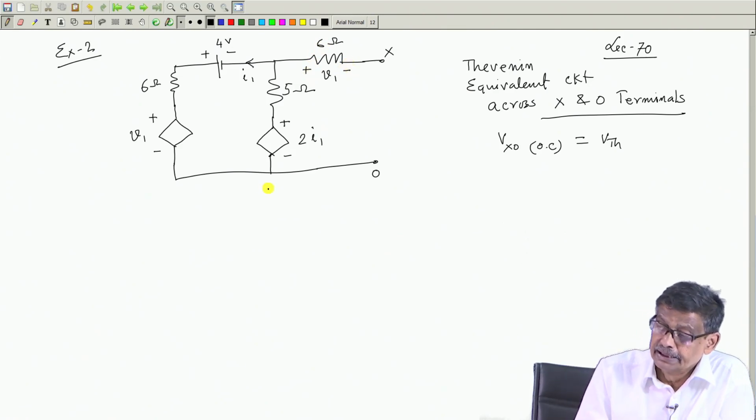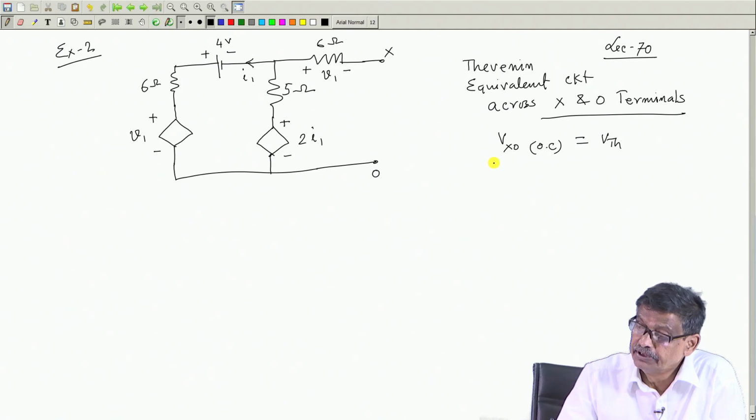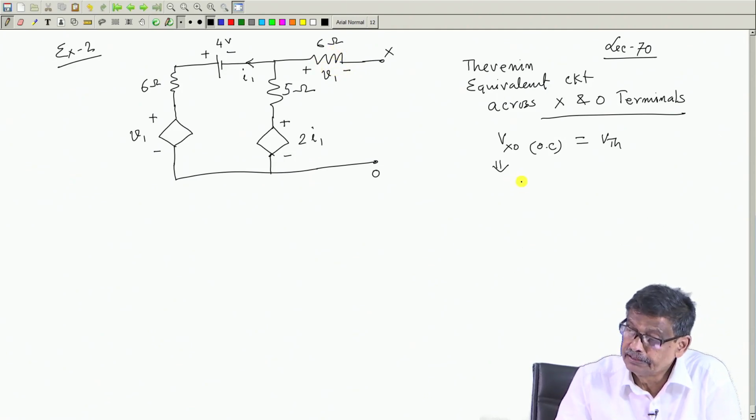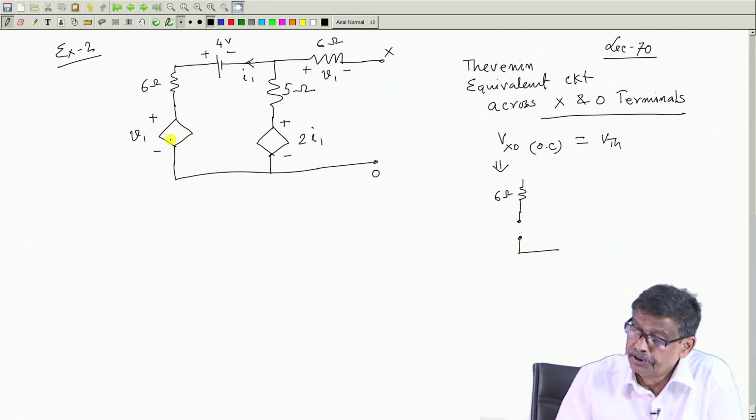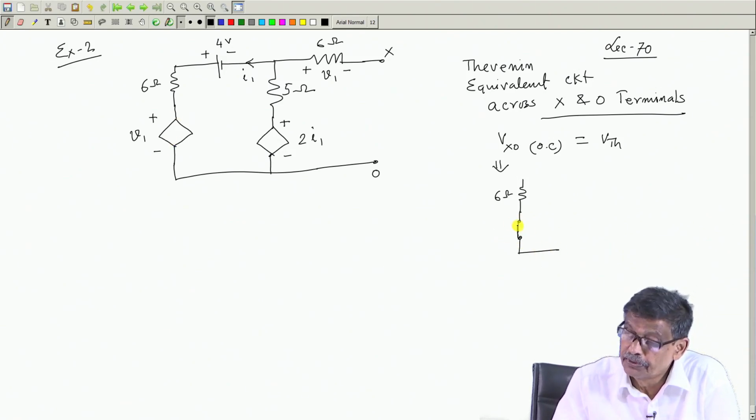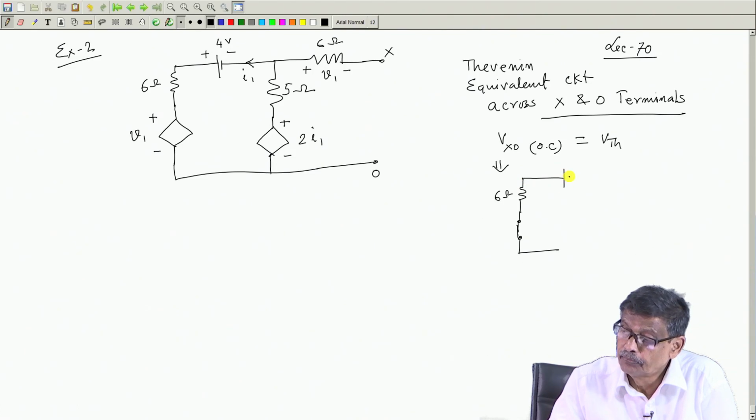If that be the case, then to calculate V Thevenin's, this current being 0, no voltage drop across 6 ohm, this network will then look like 6 ohm here, and between these 2 points it should be then shorted, because V 1 is 0, and here is a 4 volt source.